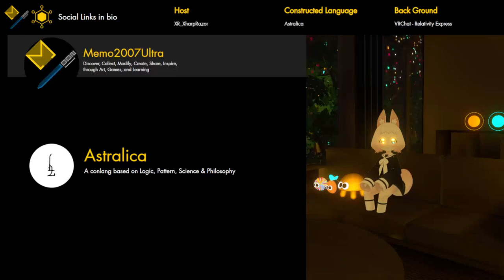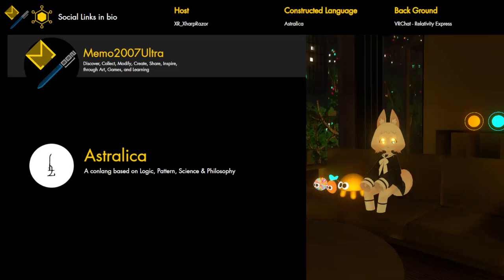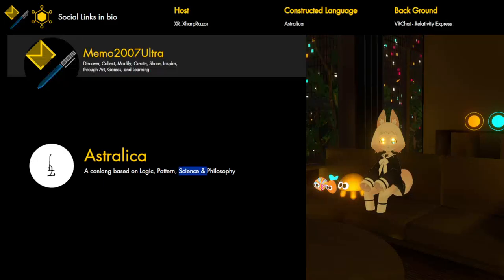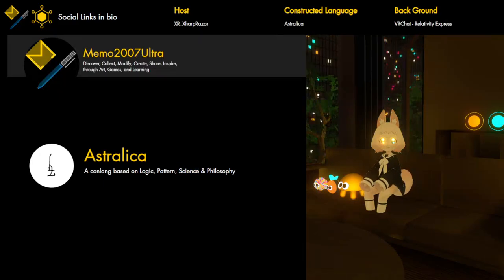Australica. Australica is a constructed language, meaning it's a made-up language, and it is based on logic, pattern, science, and philosophy. Most importantly, when it comes to science, we are referring to computer science.